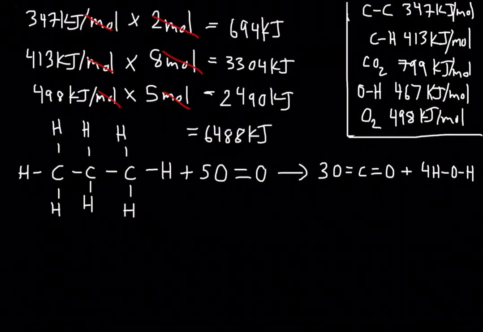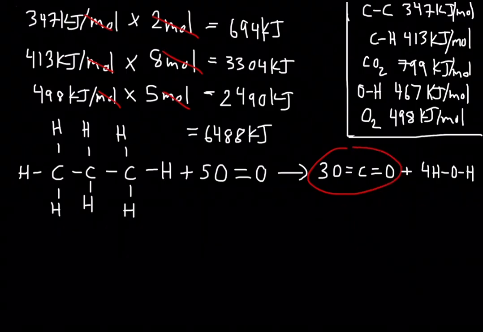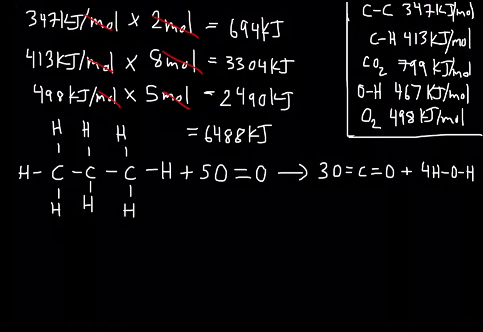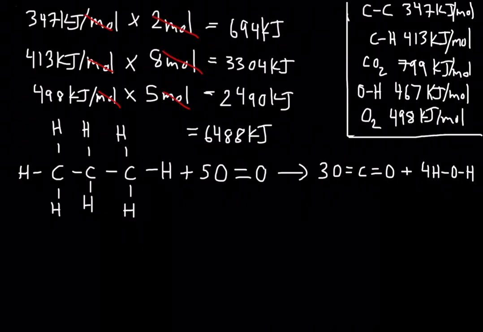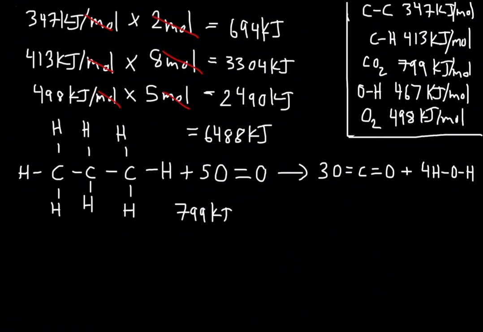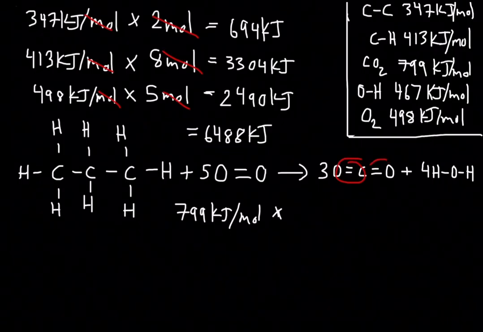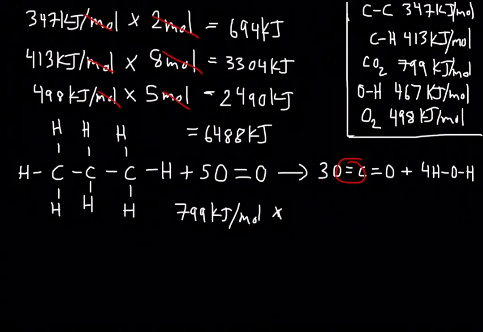Now let's focus on the product side. So we have 3 mole of our carbon dioxide, and the carbon dioxide bond energy is 799. So we have 799 kilojoule per mole times 3 mole of carbon dioxide, but each mole has 2 of these carbon oxygen bonds.